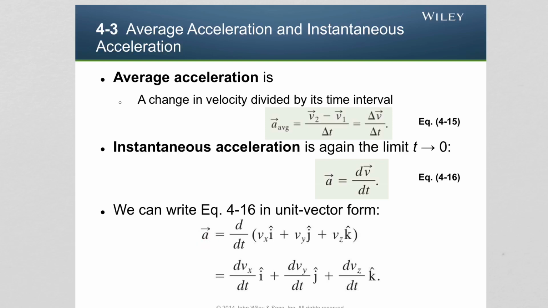So the instantaneous acceleration is d dt of vx i hat plus vy j hat plus vz k hat, or this is dvx dt i hat plus dvy dt j hat plus dvz dt k hat. And so again, you will notice that dvx dt is simply the x component of the acceleration, dvy dt is simply the y component of the acceleration, and dvz dt is simply the z component of the acceleration.